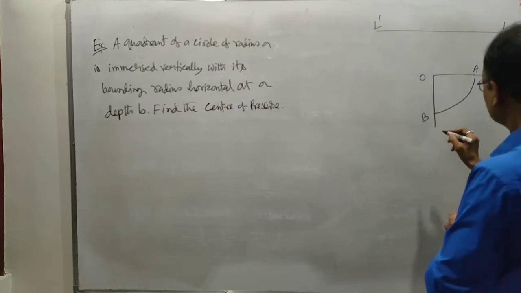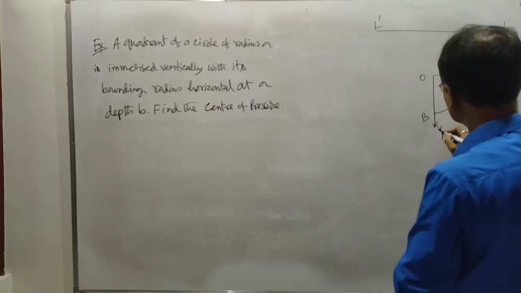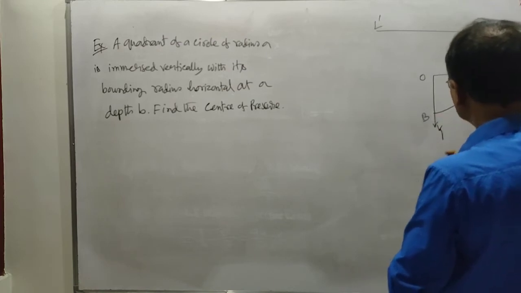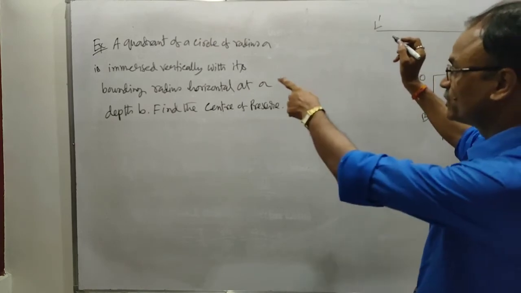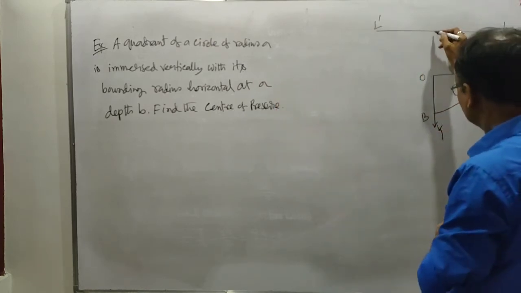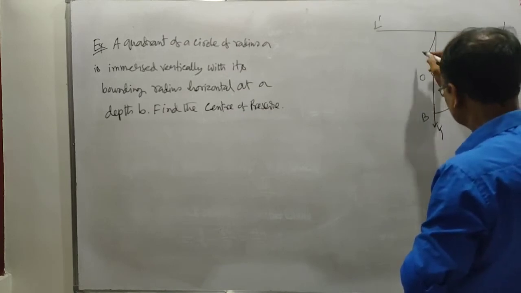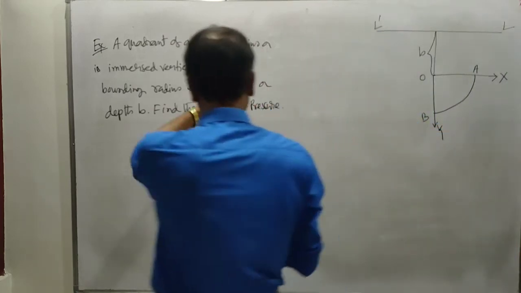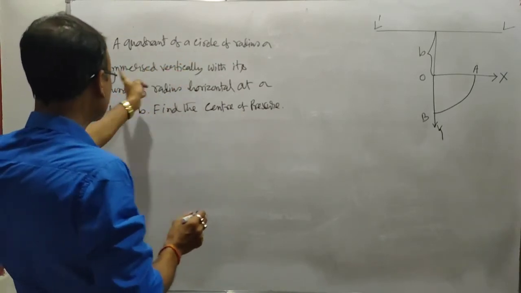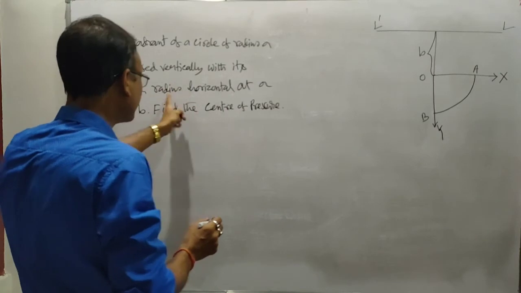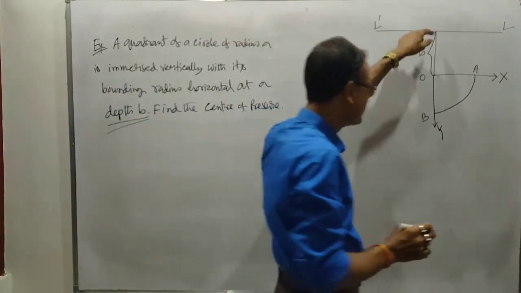We take x-axis and y-axis in this direction. Also, it is given that it is at a depth B. A quadrant of radius A is immersed vertically with its bounding radius horizontal at a depth B. This distance is B.